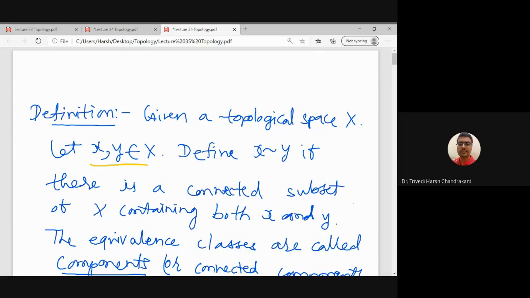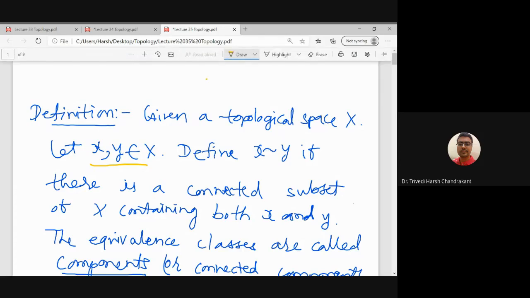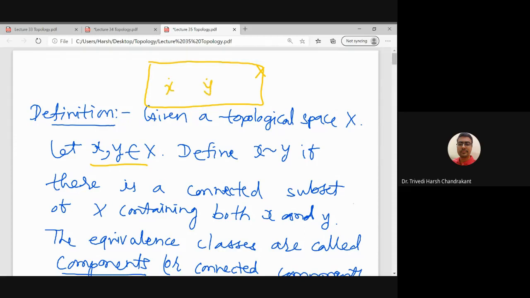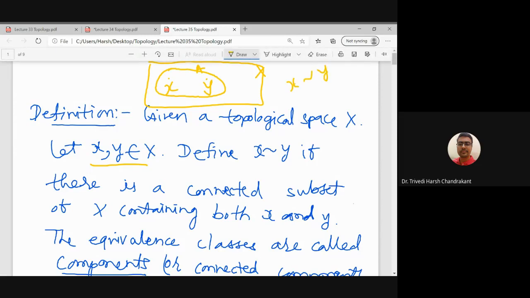So in X, I have the topological space in which I have 2 points x and y. If I can find a subset A of X which is connected and which contains both x and y, then we say that x is related to y.